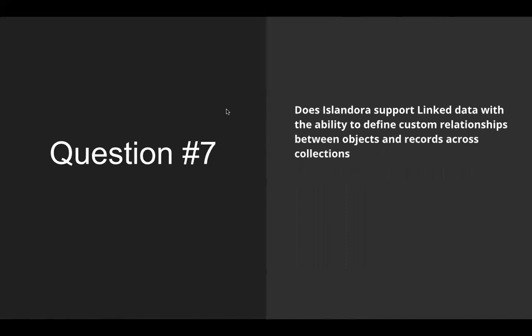Question number 7, does Islandora support linked data with the ability to find custom relationships between objects and records across collections? So this is a tough one, because some of these terms carry a lot of emotional weight with them, whereas we're trying to provide solutions in here that support linked data, but also have functional and practical purposes.